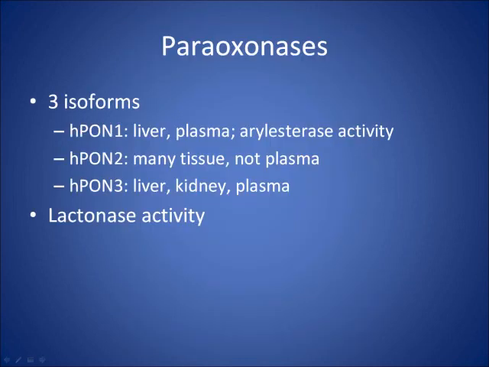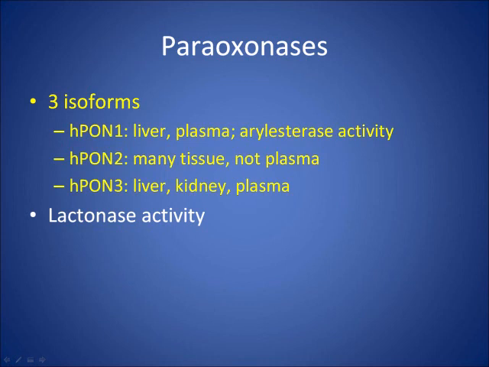Paraoxonases are enzymes that hydrolyze the ester linkages of a very diverse group of endobiotics and xenobiotics, including organophosphates, organophosphonates, aromatic carboxylic acid esters, cyclic organic carbonates, and lactones. The name paraoxonase is based on the ability of the PON1 isoform to cleave the organophosphate pesticide paraoxon.